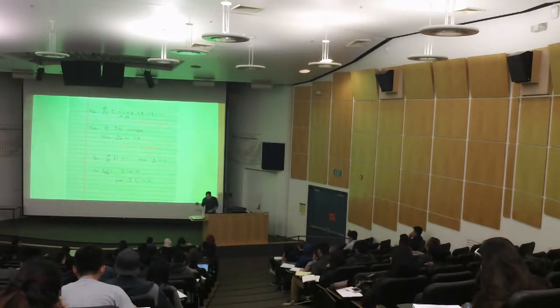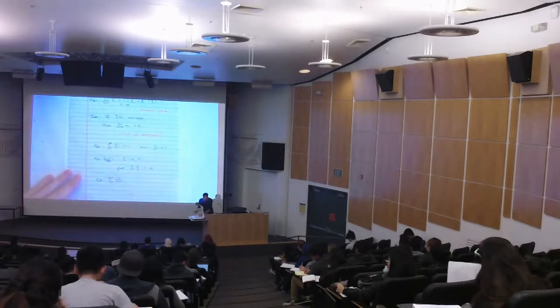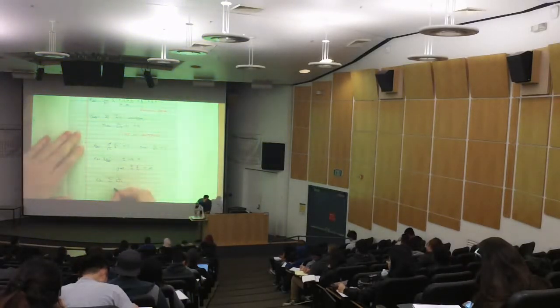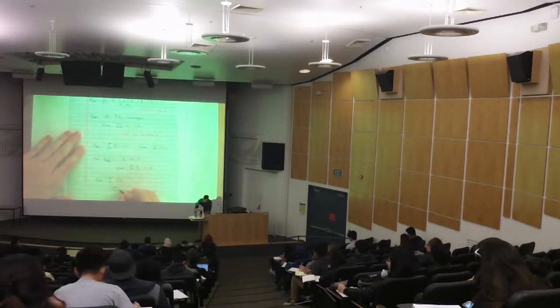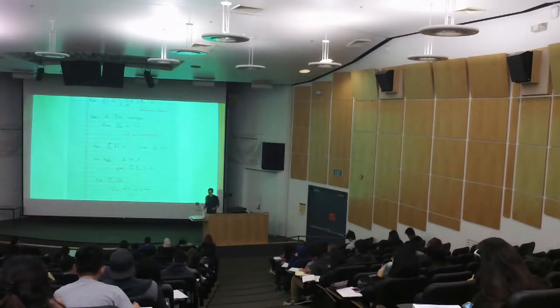So if I give you some series like, oh, I don't know, sum of 1 over n plus 2, well, 1 over 2 plus n, that definitely goes to 0 as n goes to infinity. All that means is my test is inconclusive.